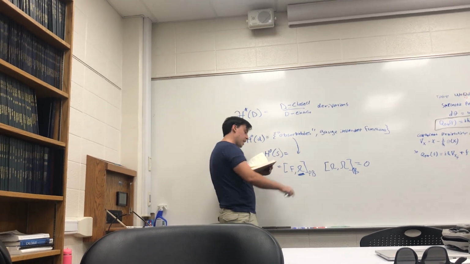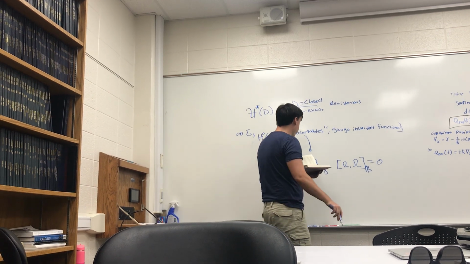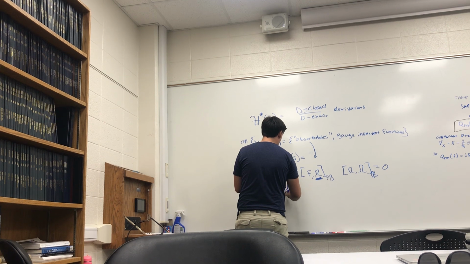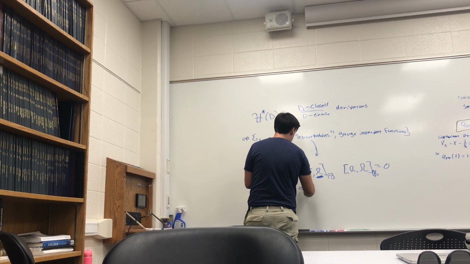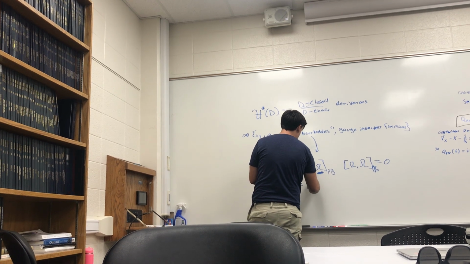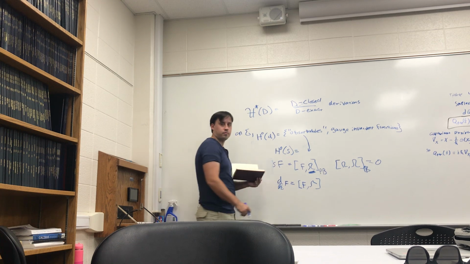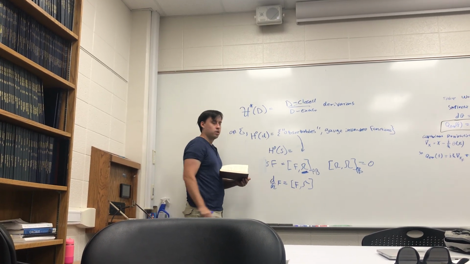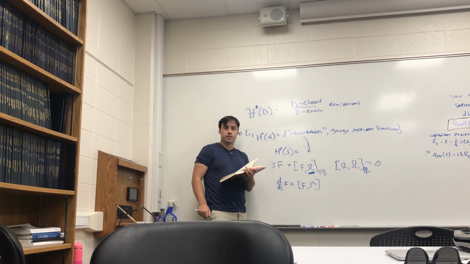It's the canonical transformation generated by the flow, flowing all your observables. And that's the BRST canonical transformation.